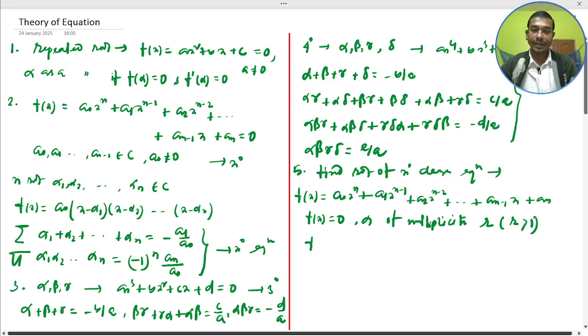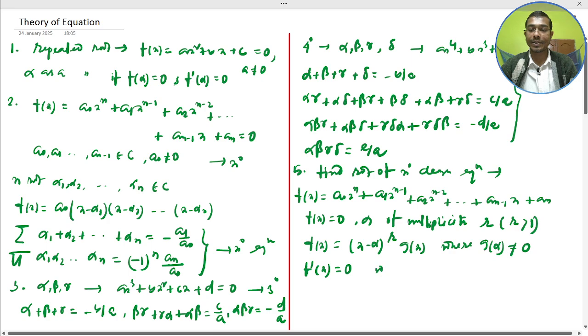Then we can write the function f(x) = (x - alpha)^r g(x), where g(alpha) is not equal to 0, and the first order derivative f'(x) = 0 has alpha as a root with multiplicity r - 1.